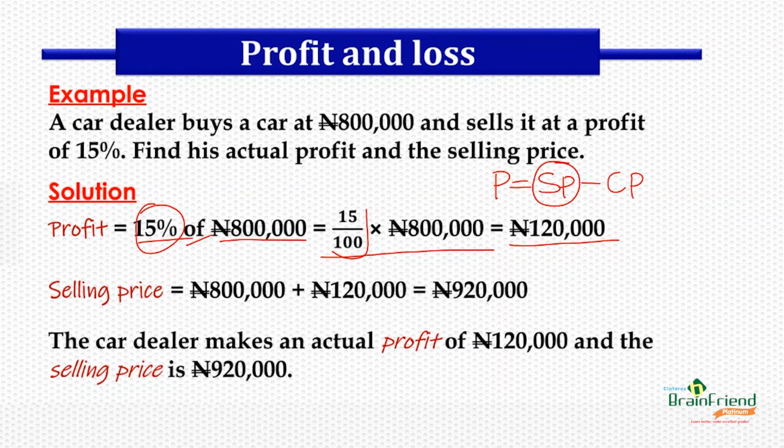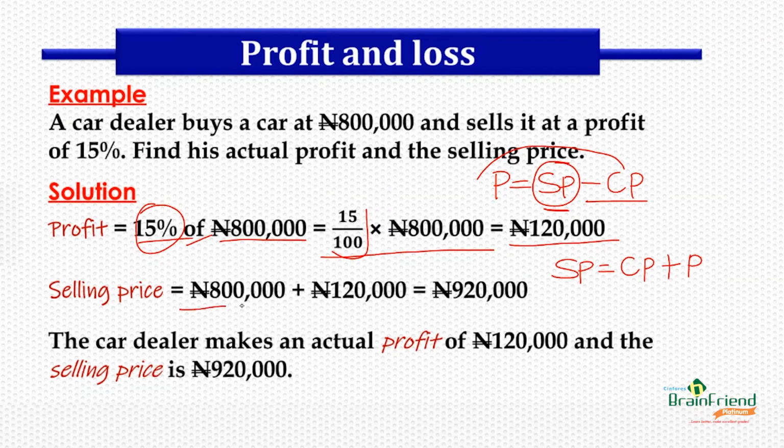Since we are interested in finding out what the selling price is, we can isolate the selling price on this side of the equation and move our cost price to the other side. And note that this cost price is carrying a negative sign here, but when it comes to this side, it becomes positive. So we'll have something like SP equal to CP plus P. That is cost price plus profit.